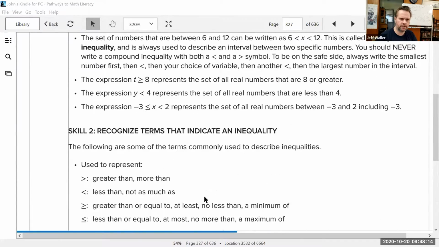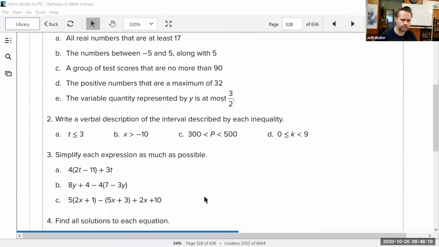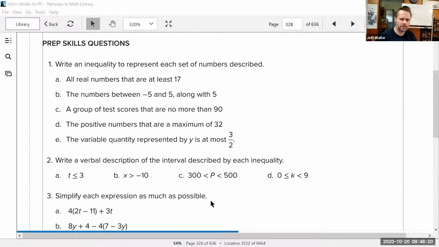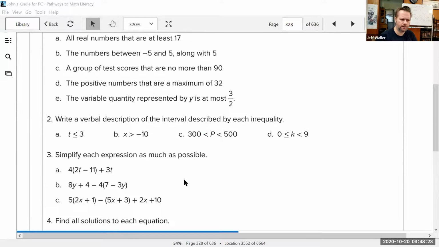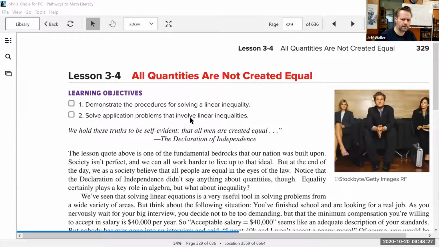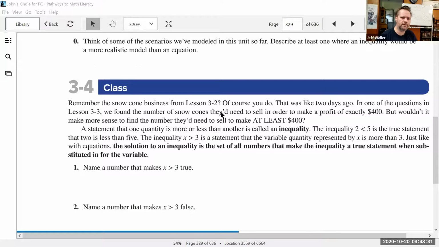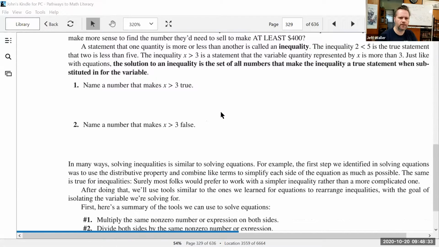So next section is going to involve some inequalities, apparently. I'm going to let you do these. We've talked about inequalities before. So what's going to be interesting is how does solving an inequality, how is it different than solving an equation?